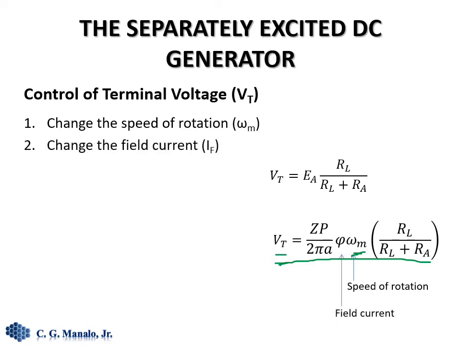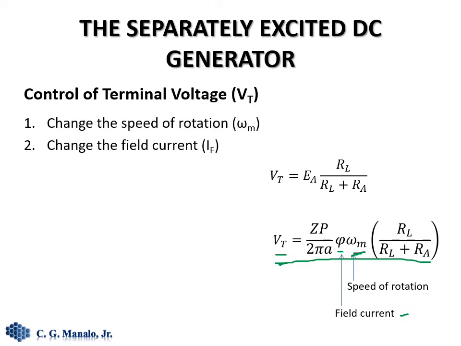We could also change the field current, which is the more common way of doing it, since usually generators run at a constant angular speed. If we vary the field current, that should vary the flux produced by the field circuit.